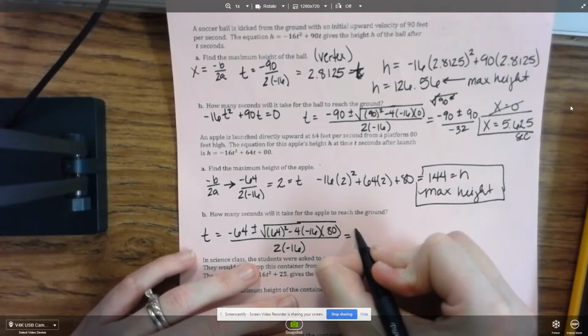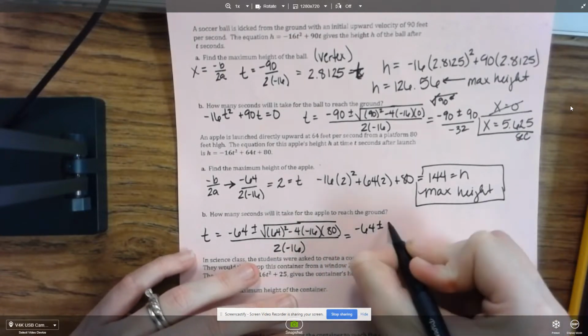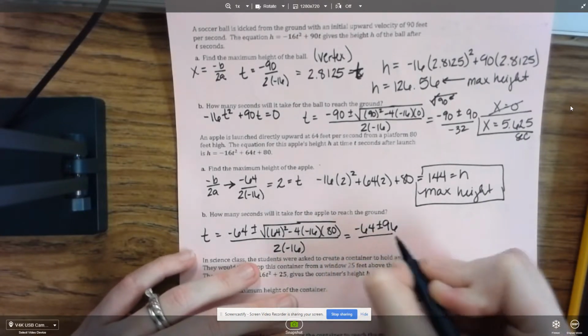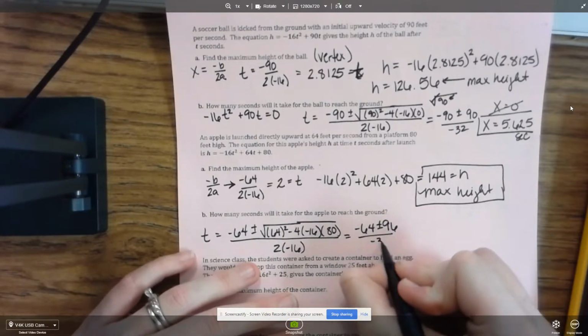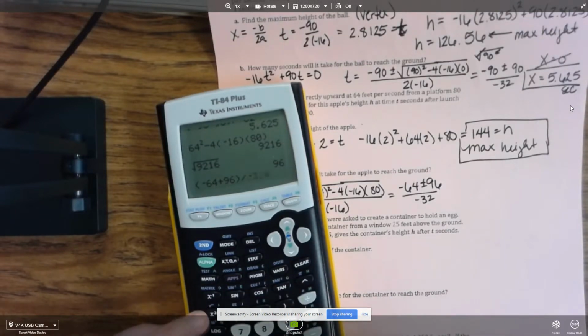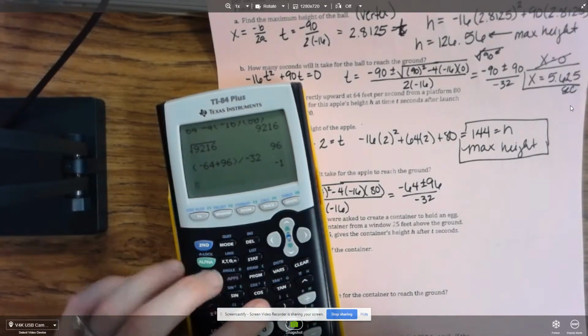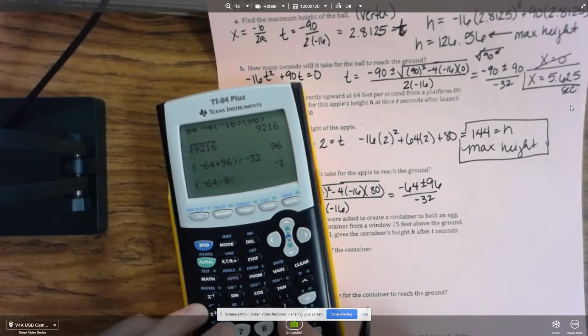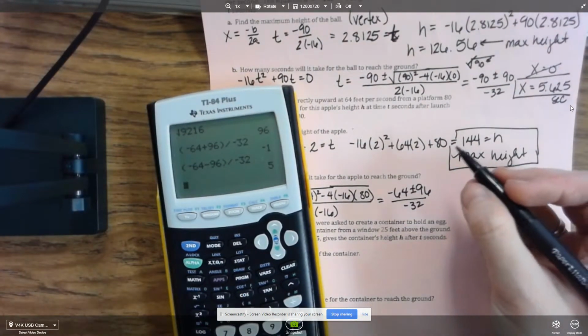So here I would have negative 64 plus or minus 96 divided by negative 32. So negative 64 plus 96 divided by negative 32. And then negative 64 minus 96 divided by negative 32.